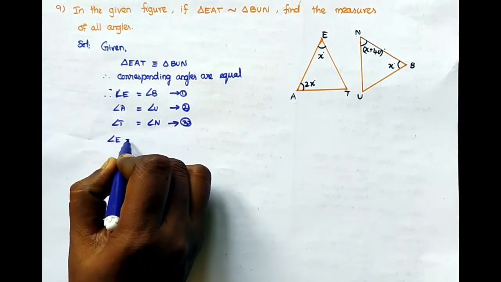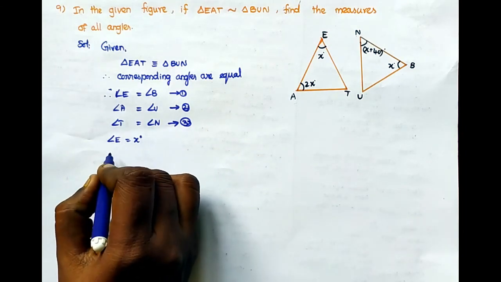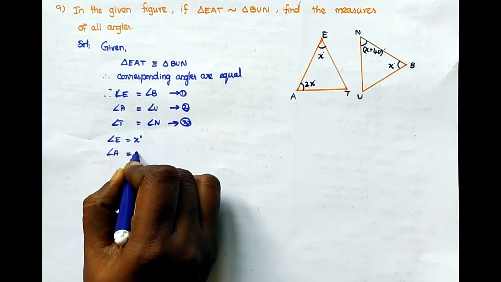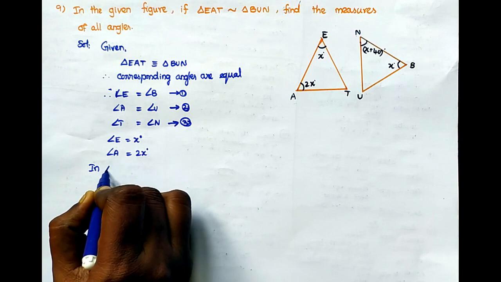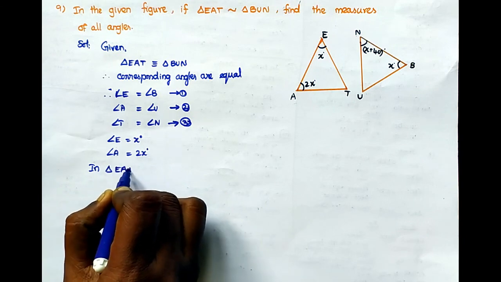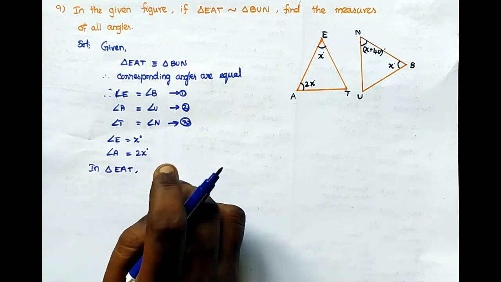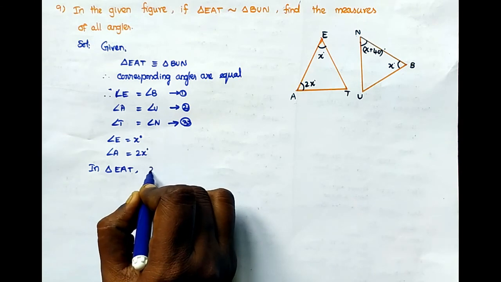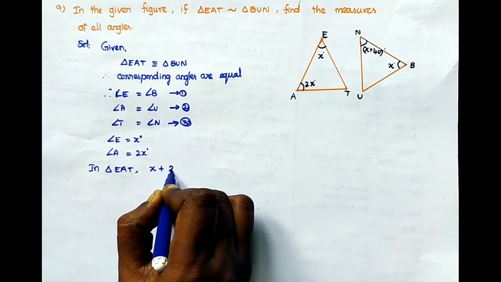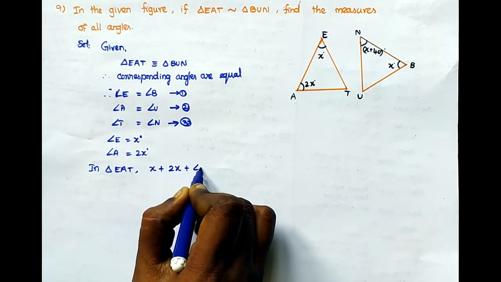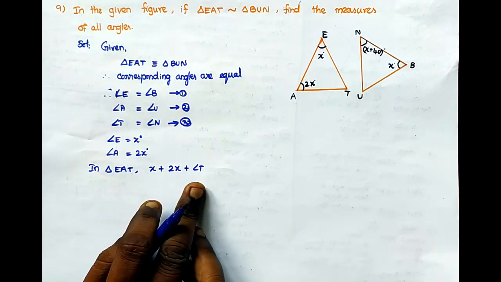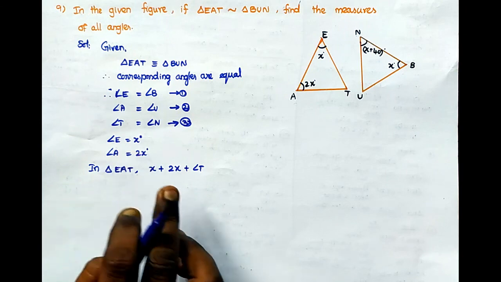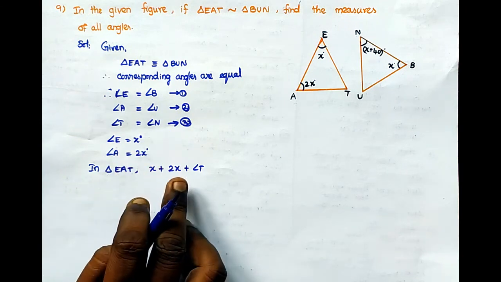Angle E equal to x degree and angle A equal to 2x degree. In triangle EAT, angle E plus angle A plus angle T. E is x degree and A is 2x degree.